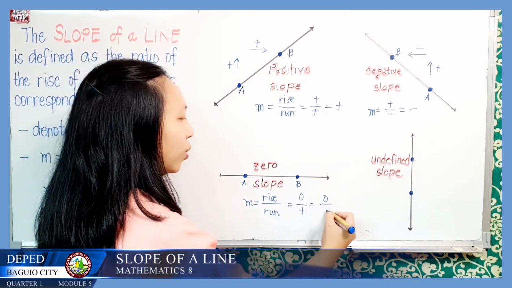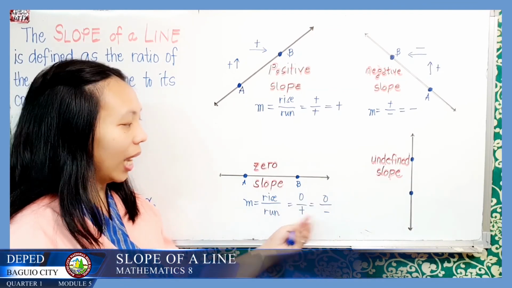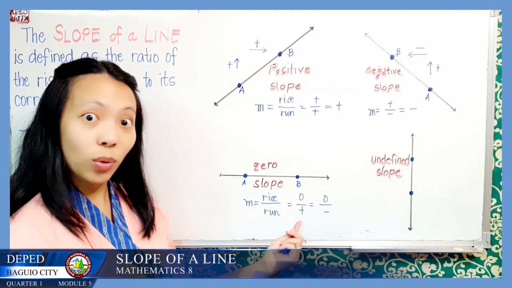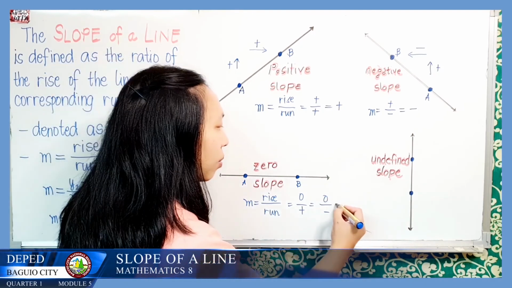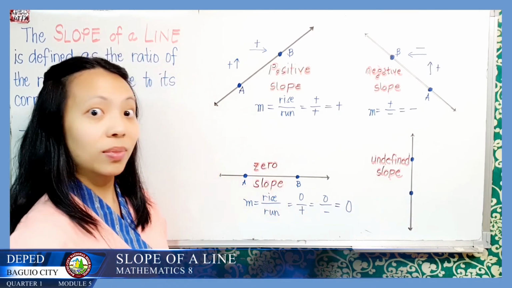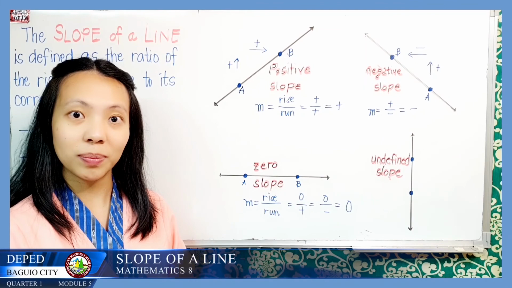If we move to the left, it's negative. 0 divided by any positive number or 0 divided by any negative number results in 0. That is why the slope of a horizontal line is 0.